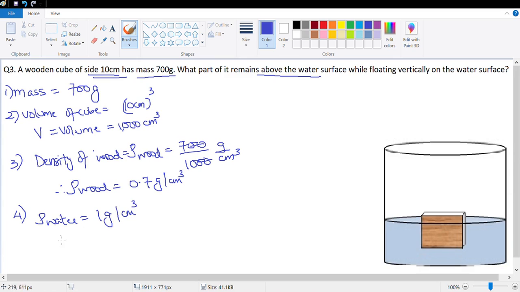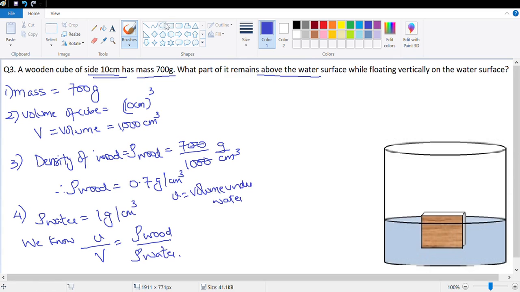The formula we know is small v upon capital V is equal to density of wood upon density of water, and let's write small v is equal to volume under water. Let's substitute values.